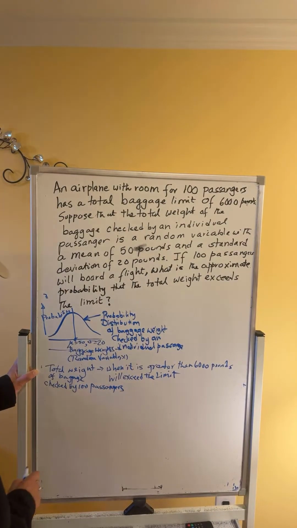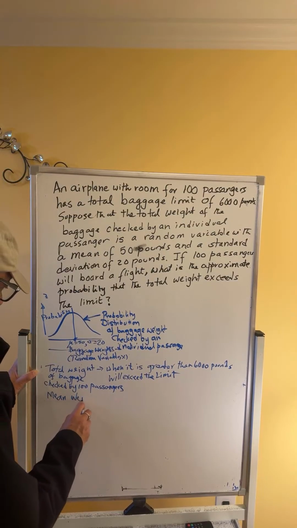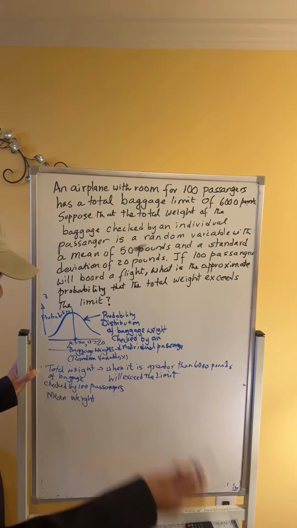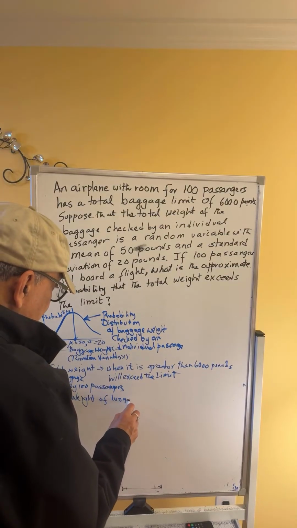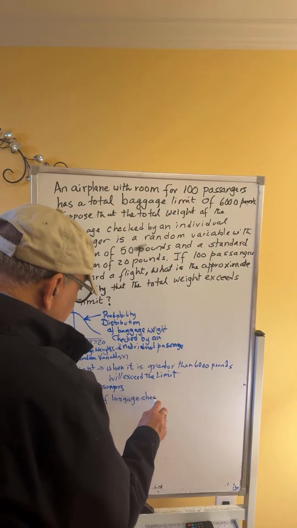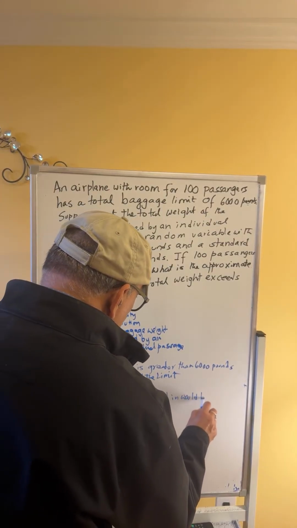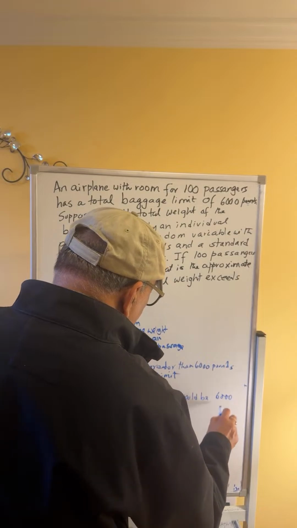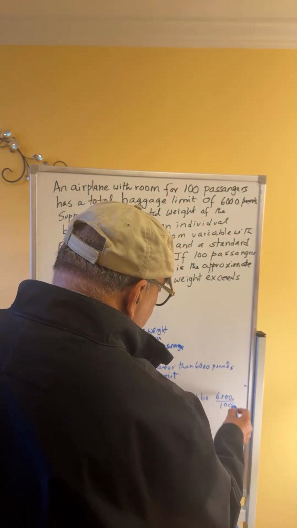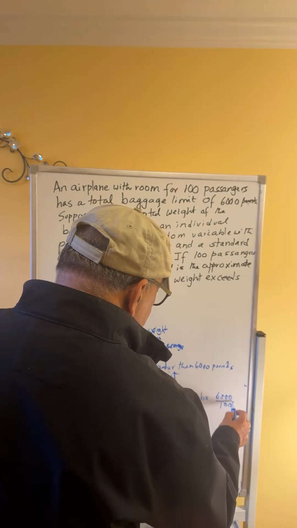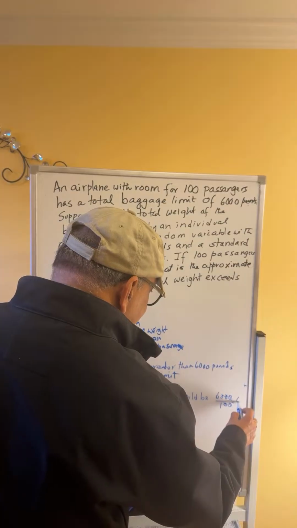That means the mean weight, or average weight of luggage checked in, would be 6,000 pounds divided by 100 passengers. 6,000 divided by 100, these two zeros cancel with two zeros, or you can use your calculator. 6,000 divided by 100 is 60.